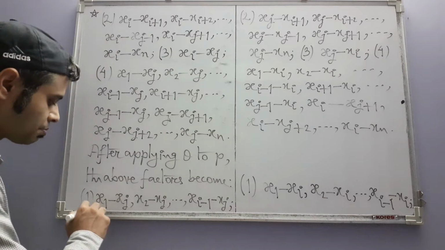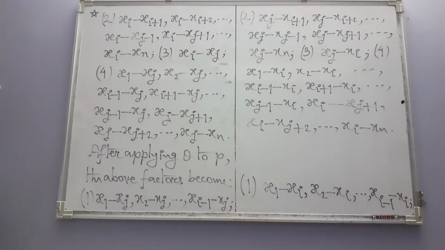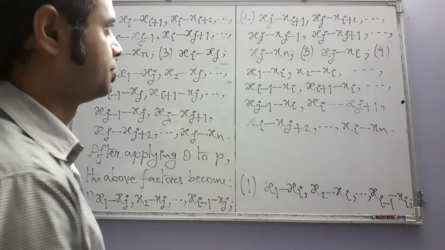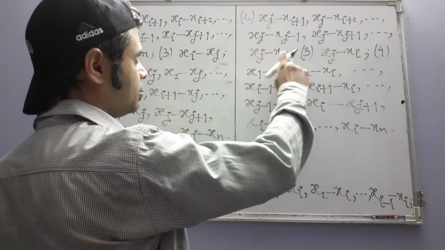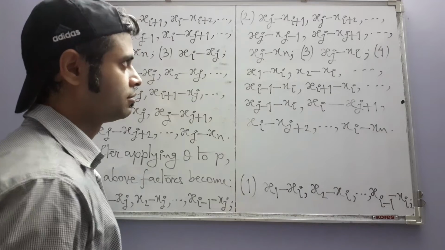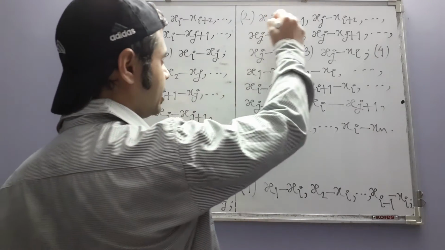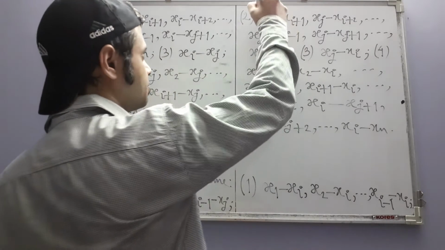So this part does not offer any difficulty. When we come to this, however, there is a problem. In this second class of factors, the entirety is not a problem. The problematic part is this much.